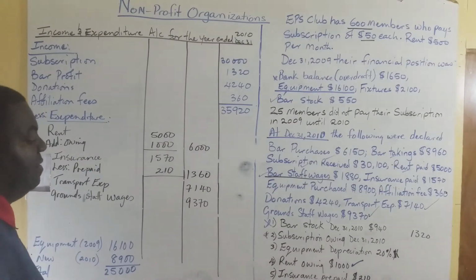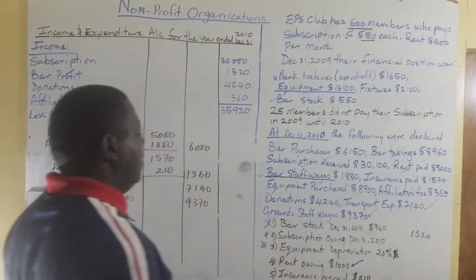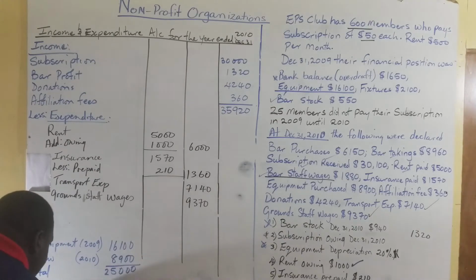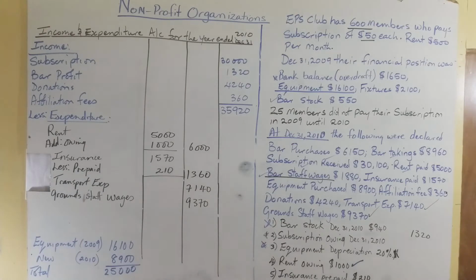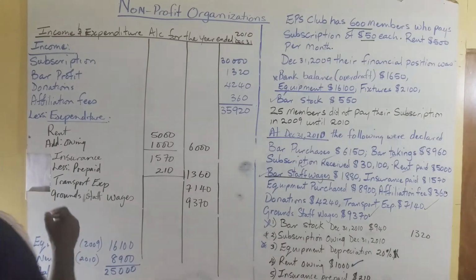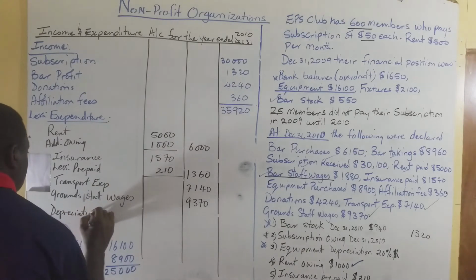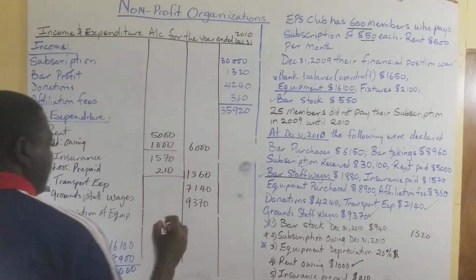Yes, they have indicated to us in this note that equipment is 20%. We should find 20% of the value of the equipment for depreciation. So it is 25,000 times 20%, and that looks to be $5,000. So depreciation of equipment is going to be $5,000.